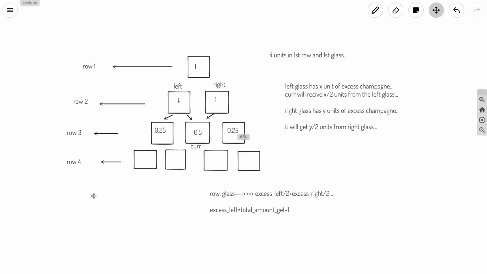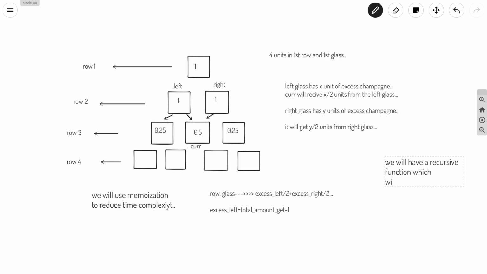And again, we will have a recursive function which will return the amount of champagne received by a particular glass, by the jth glass of the ith row. So we will do this thing.